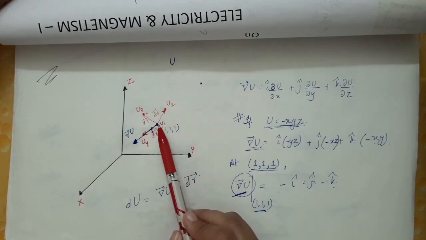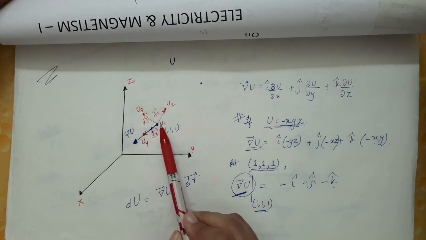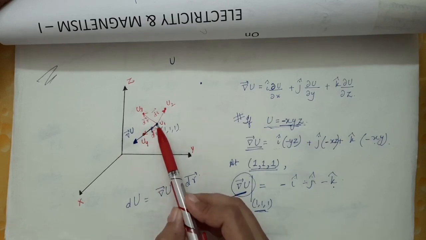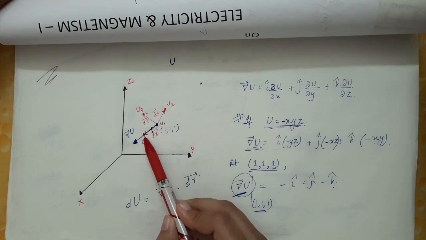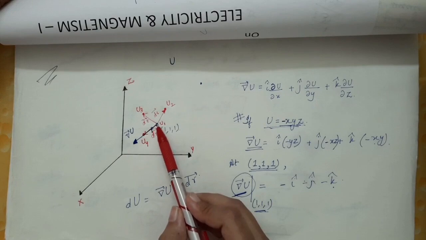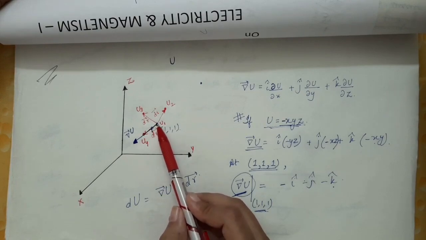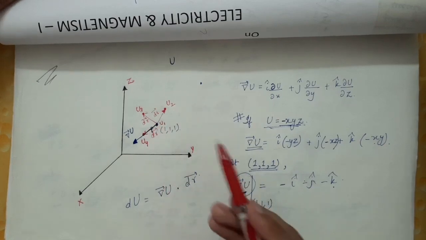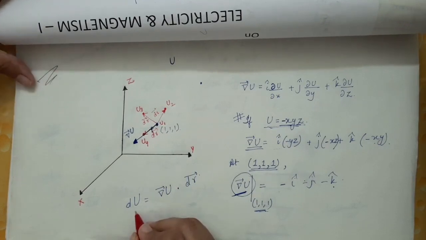So u2 minus u1 will be less than u4 minus u1, and u3 minus u1 will also be less than u4 minus u1. So when you are displacing along the gradient of the scalar function at that particular point, the change in the scalar function is maximum. This is the meaning of the maximum change in the scalar function.